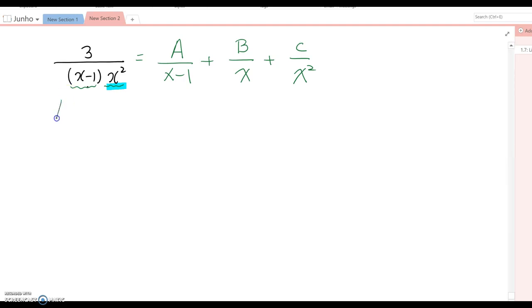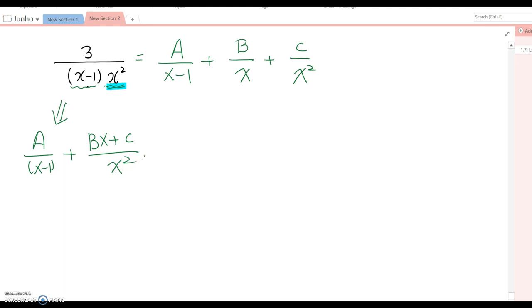So this one we can rewrite as a over x minus 1 plus, now it is quadratic, so one degree less than quadratic means linear, so you can rewrite bx plus c over x squared actually.